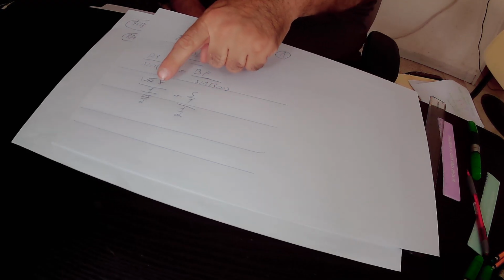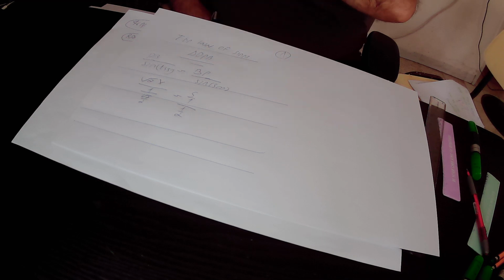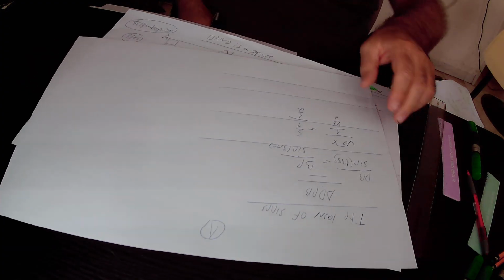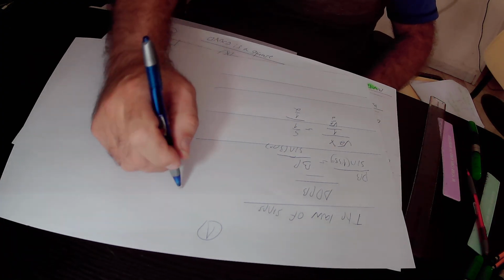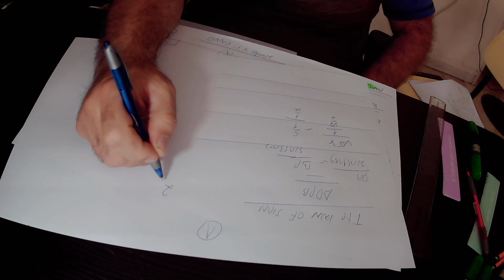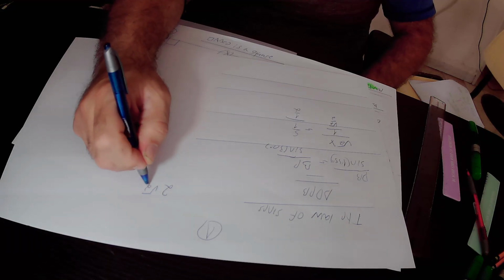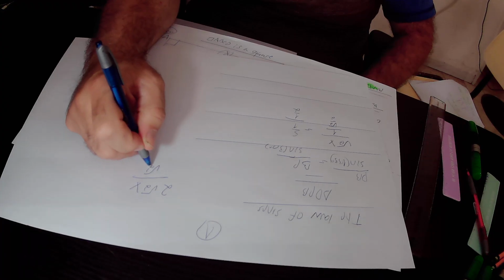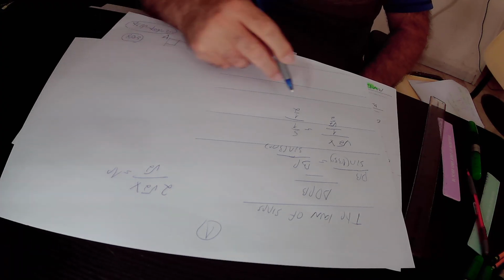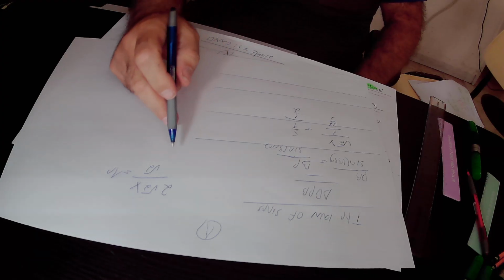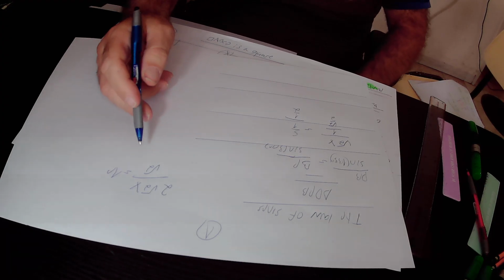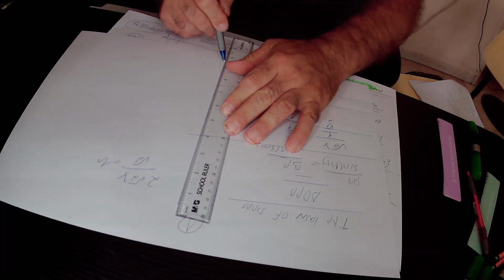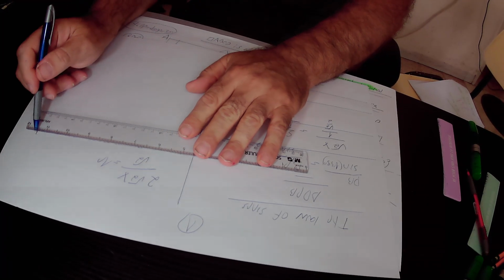You move 2 to the numerator and the square root of 2 to the denominator, and get 2 times the square root of 2 times x over the square root of 2 equals 10.